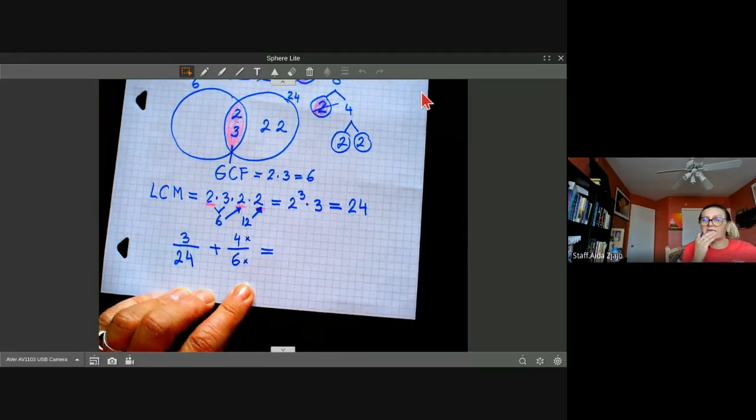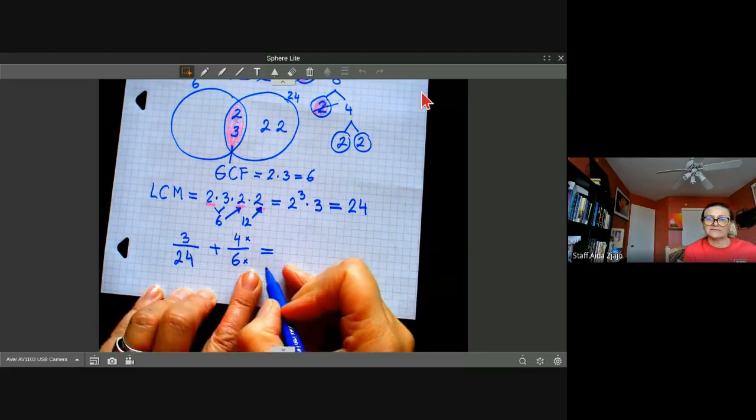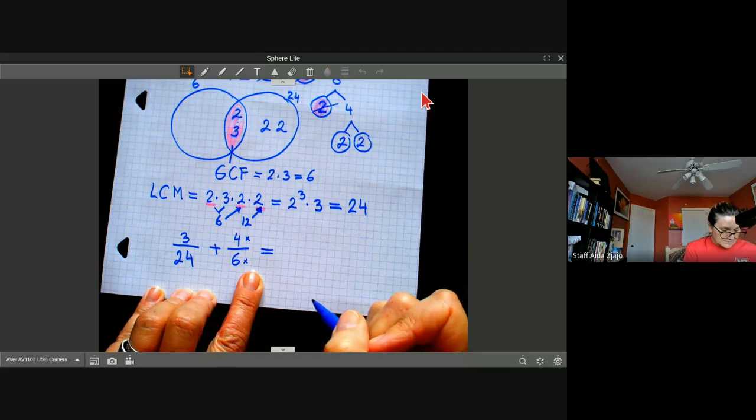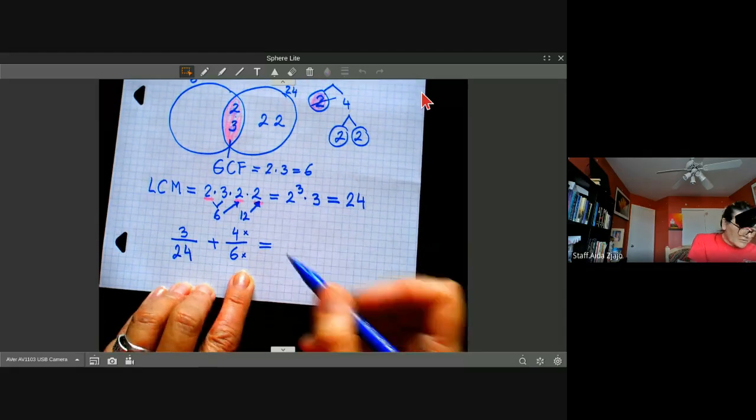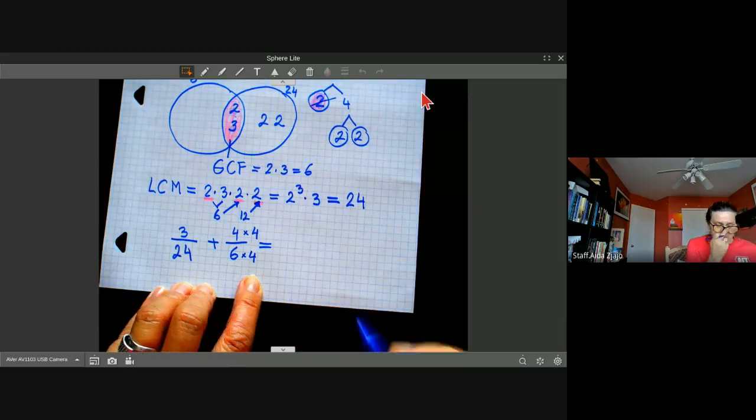All I need is to change the 6 to become 24. Who is going to tell me what 6 times what makes 24? Come on, guys. Multiplication facts. 6 times what makes 24? 4. And then I need to do that also to the numerator.